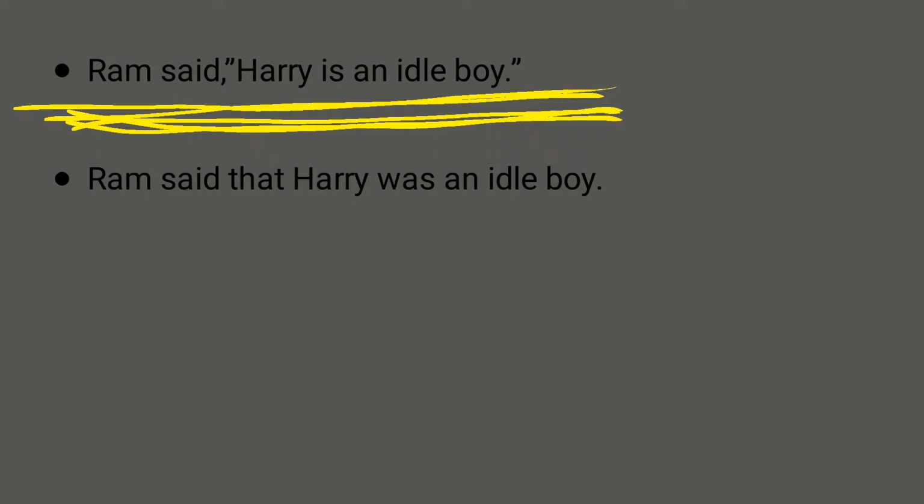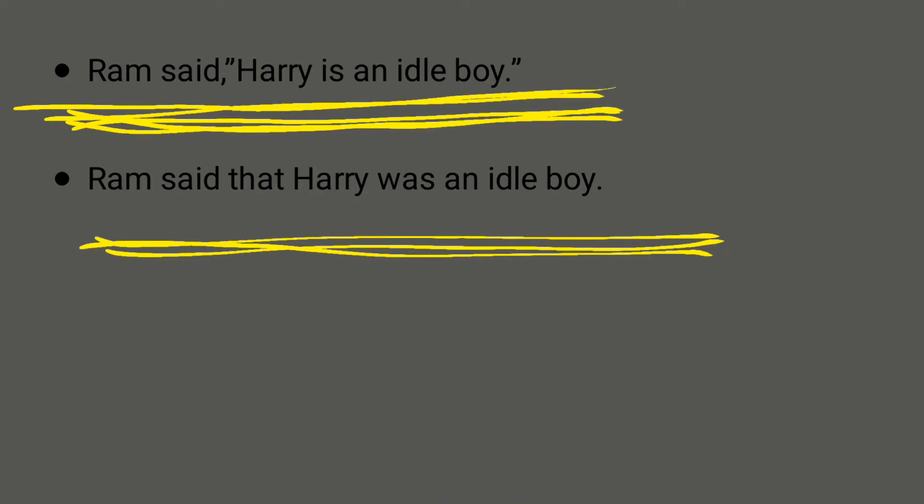Now see the difference between the direct and indirect speech sentences. In direct speech, the exact words used by the speaker are given inside inverted commas.